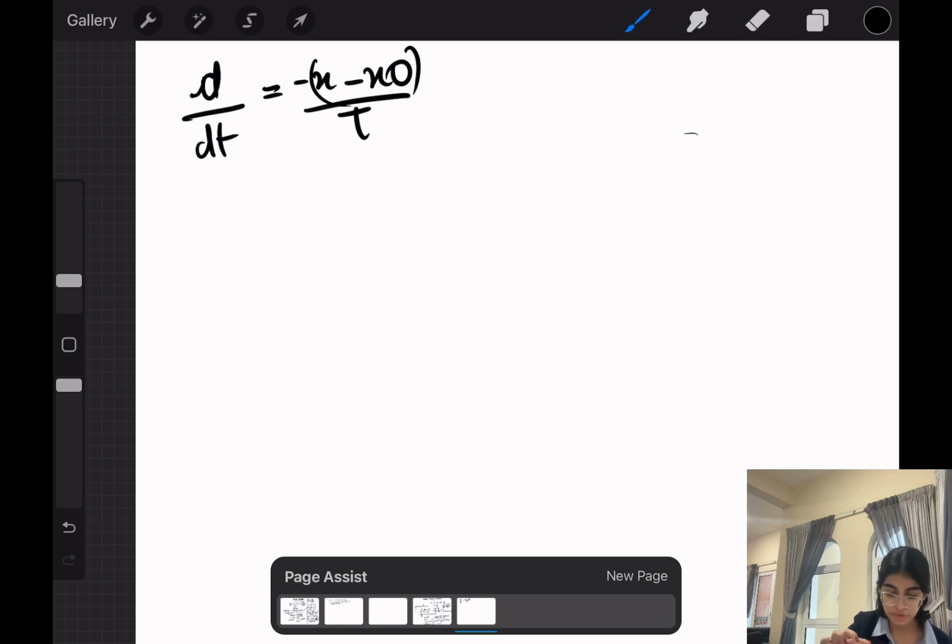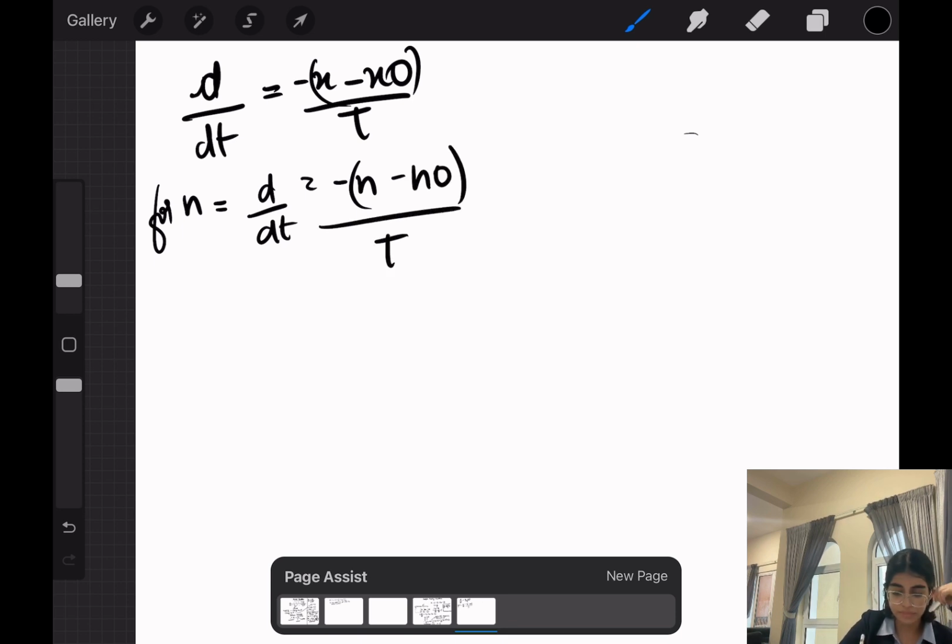So if it was the equation for N, the equation would look like dn by dt equals minus n minus n0 divided by tau.